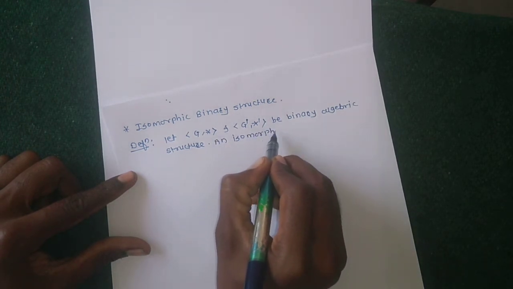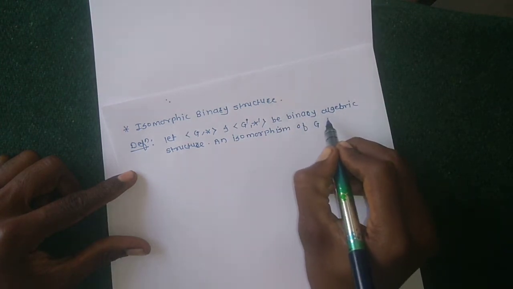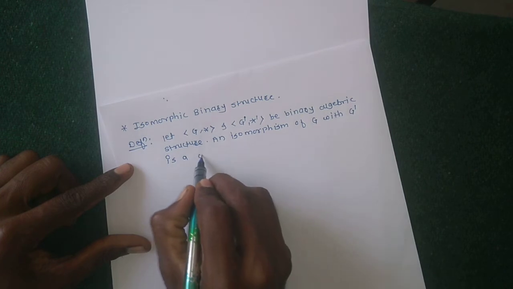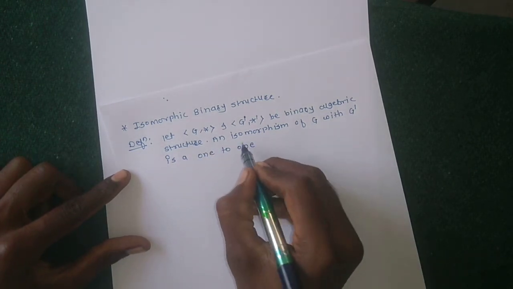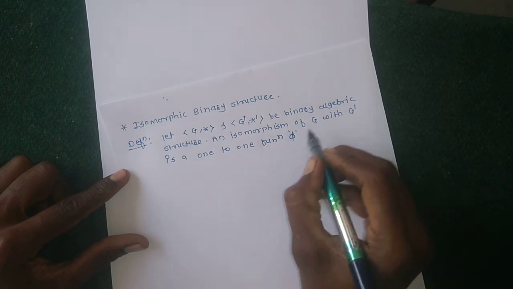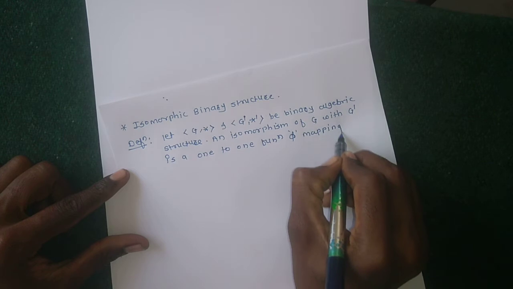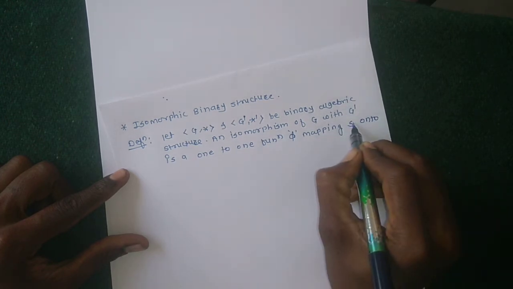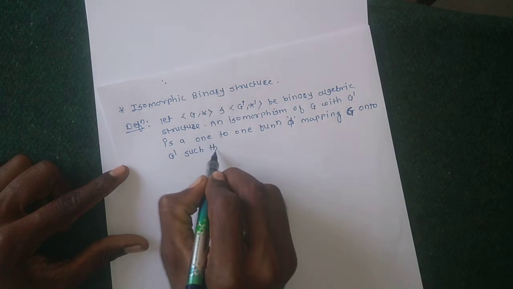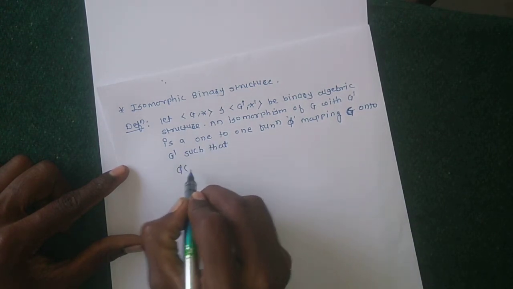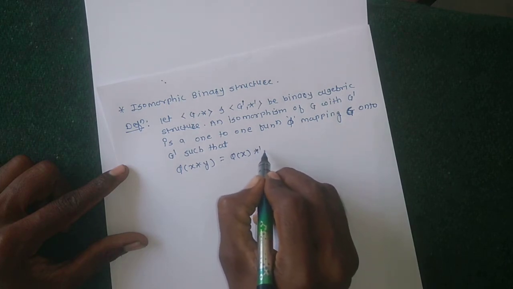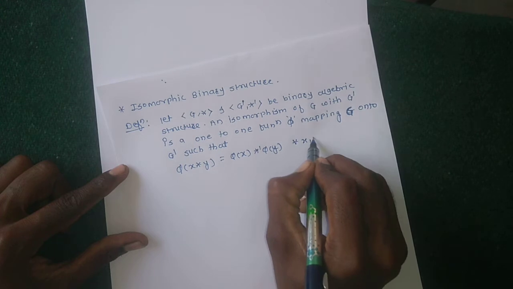An isomorphism of G with G dash is a one-to-one function phi mapping G onto G dash such that phi of x star y equals phi of x star dash phi of y for all x, y belongs to G.